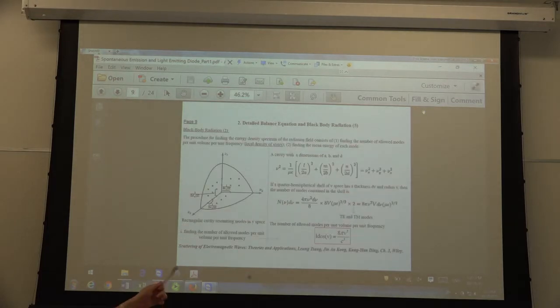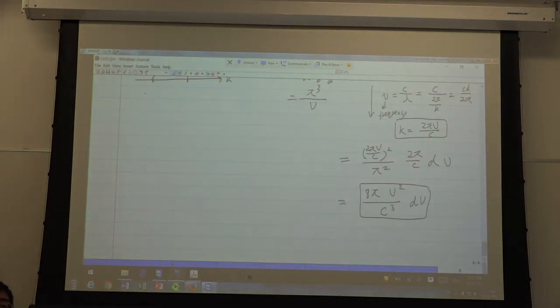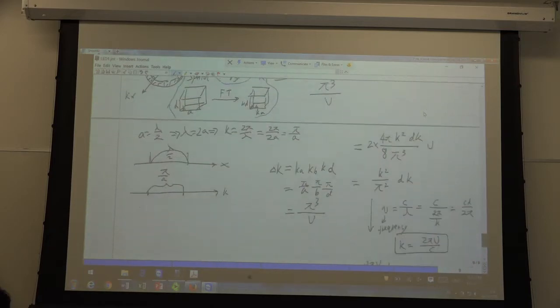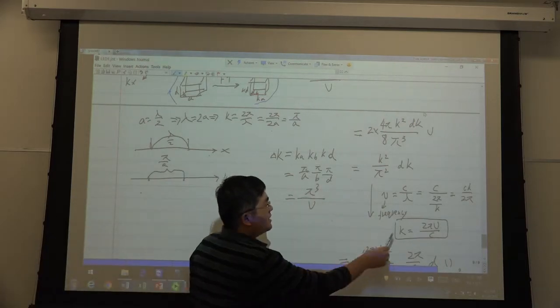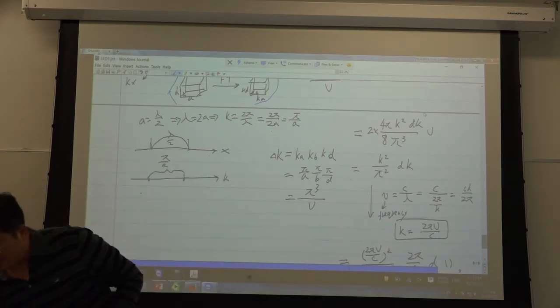You can see pi V squared over c squared, the same. So here I just use k space first, then I do some very simple transformation with dV. I use k space to get k squared over pi squared dk, then I connect k with 2 pi V over c. Then I do this and get the same result.